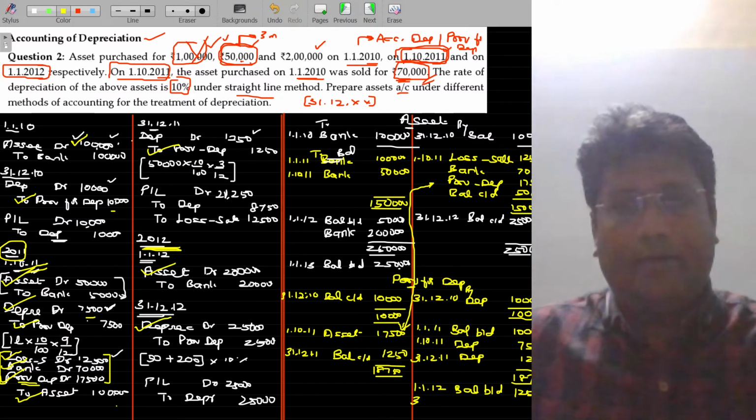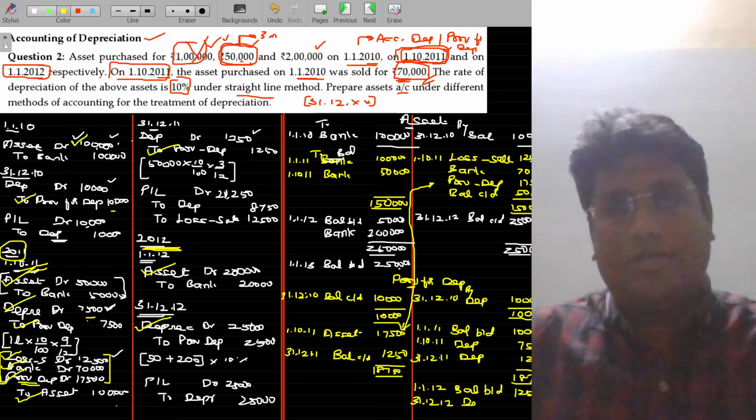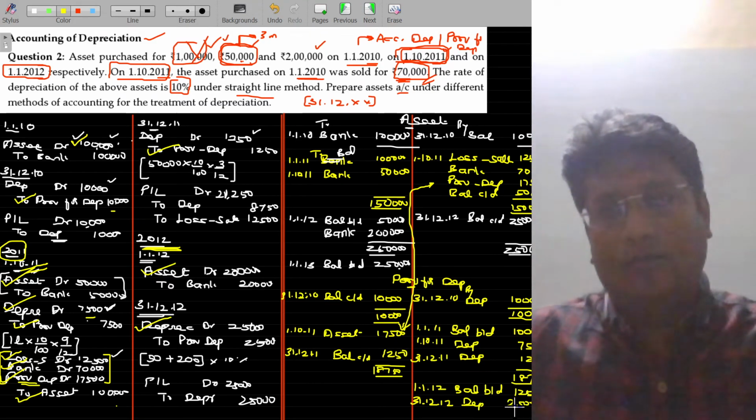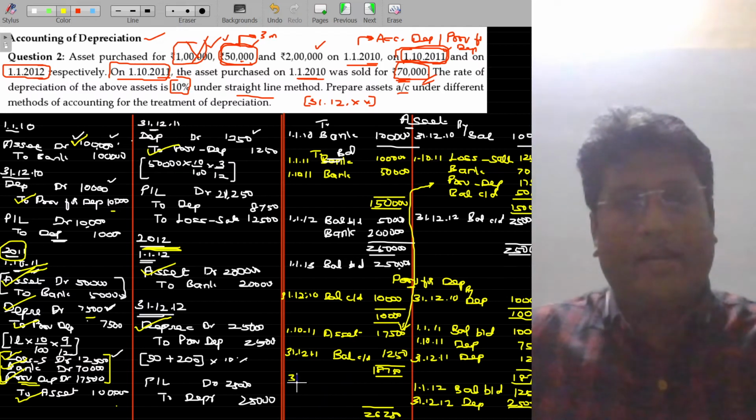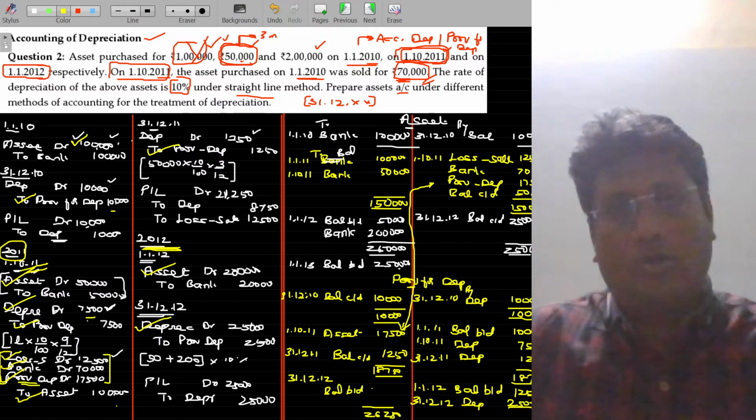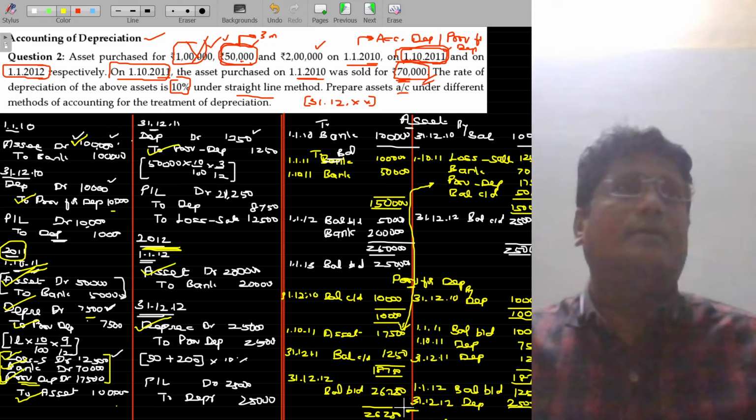In the last year 2012, again we have created a depreciation to be charged here. The depreciation created being 31/12/2012, depreciation, the value being 25,000. Now close this. 26,250 becomes the balancing figure as on 31/12/2012. Balance brought down 26,250. Is that okay?